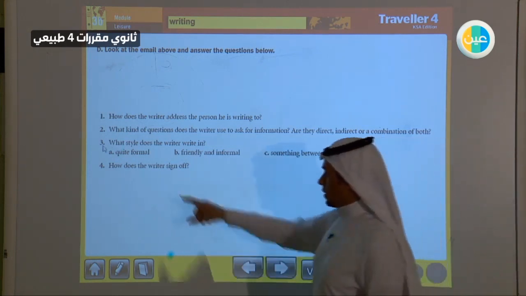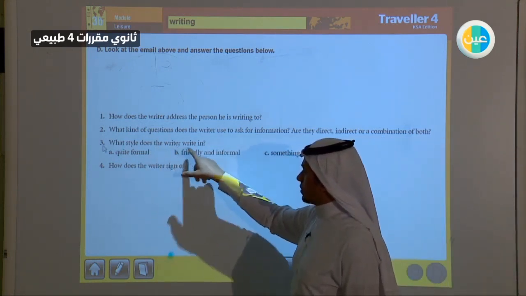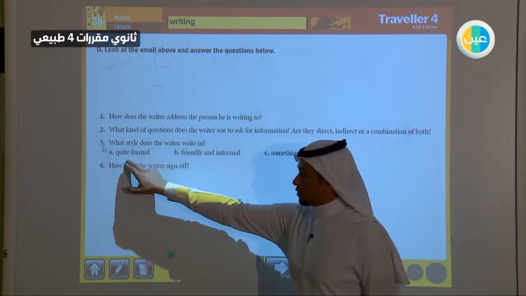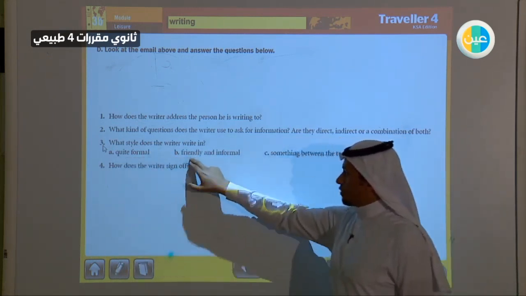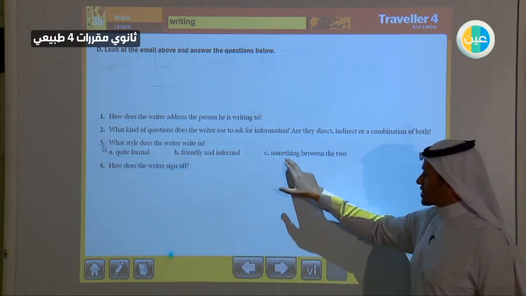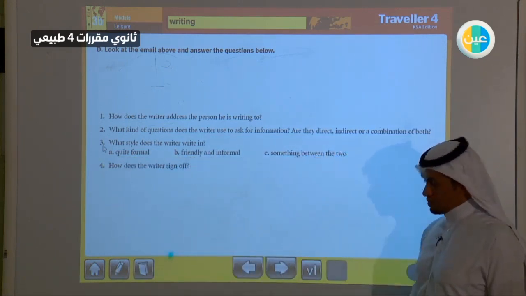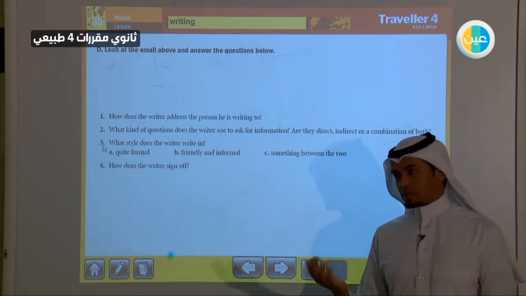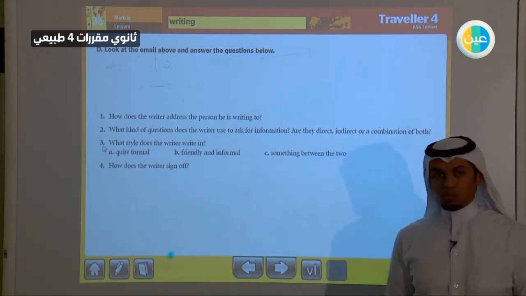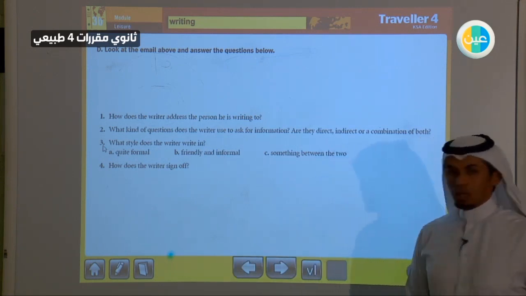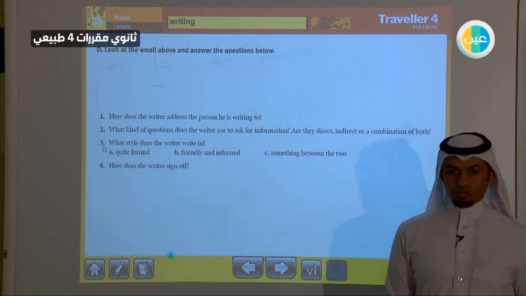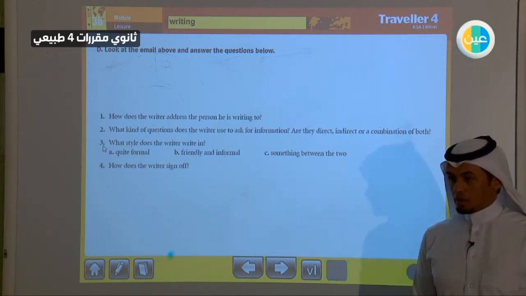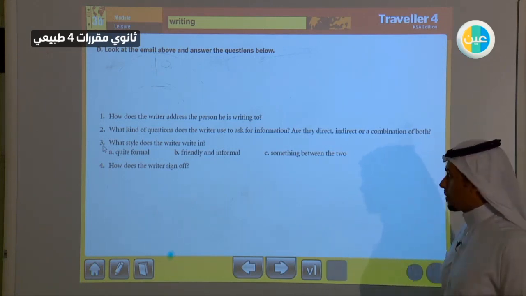What style does the writer write in? Is it quite formal, or friendly and informal, or something between the two? So let's differentiate. Formal is when you write a letter to someone you don't know, like the president of the university, or the Prince of Riyadh, for example.